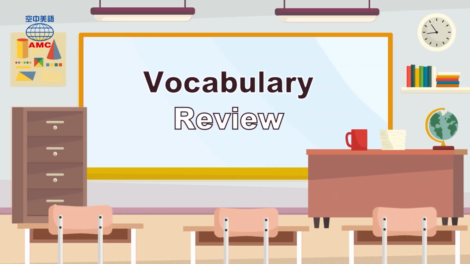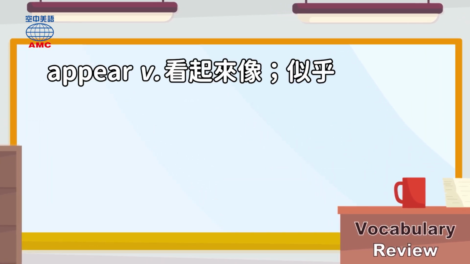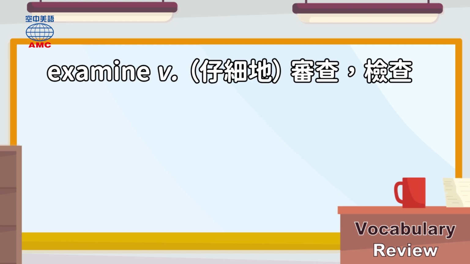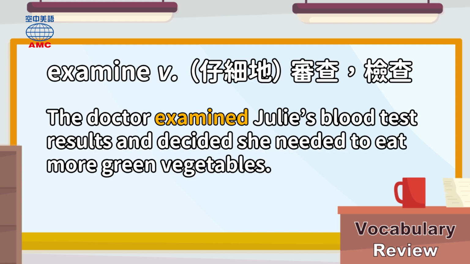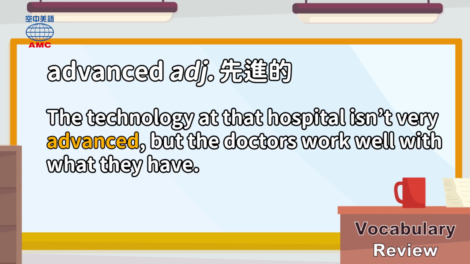Vocabulary Review. Appear. This morning I thought my cat was sick, but she appears to be okay now. Examine. The doctor examined Julie's blood test results and decided she needed to eat more green vegetables. Advanced. The technology at that hospital isn't very advanced, but the doctors work well with what they have.